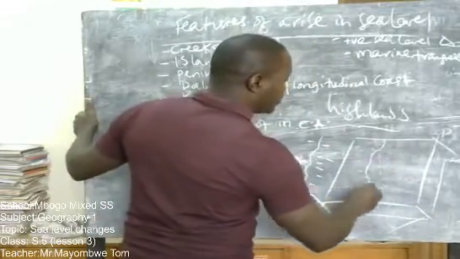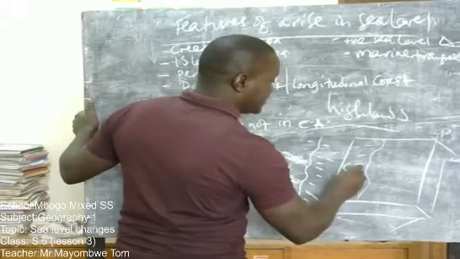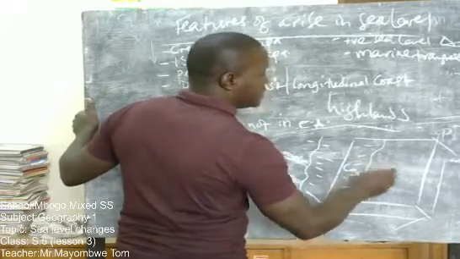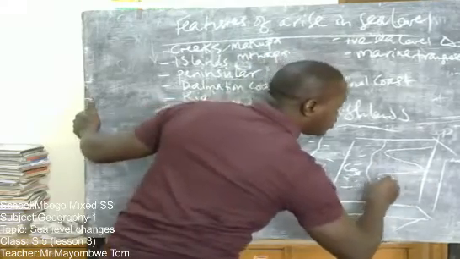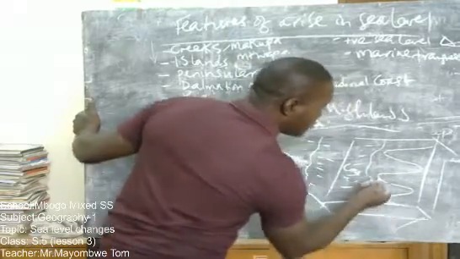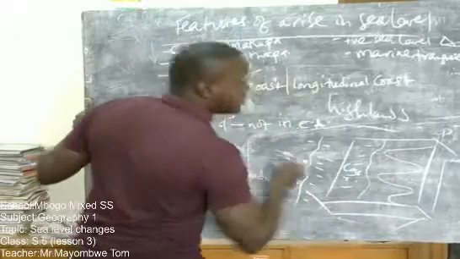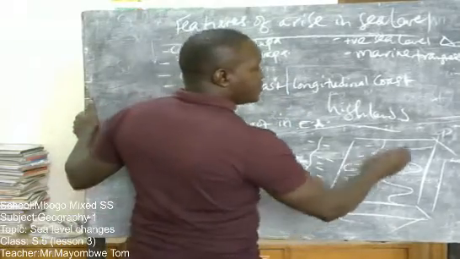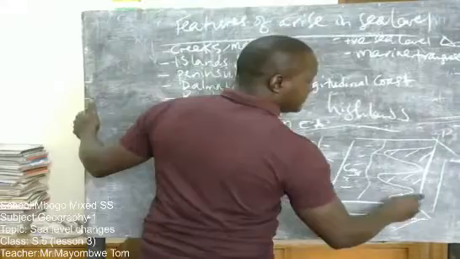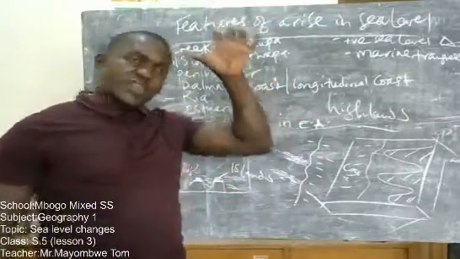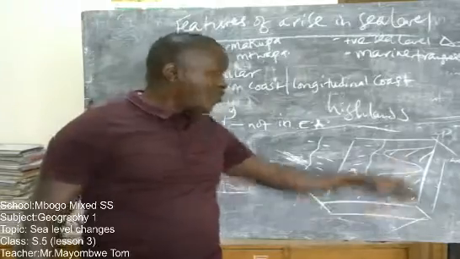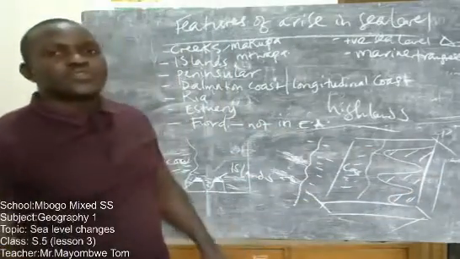Assuming this is our coast, this is the ocean or the sea. Now, you have highlands that meet this coast at right angles. These are now the highlands. So, a peninsula is formed when highlands occur at right angles to the coast.